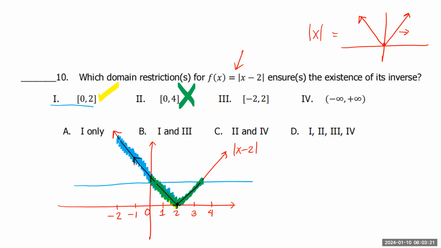Okay? And again, that satisfies the horizontal line test. So this is correct. And how about for negative infinity up to infinity? So all, then that is not true. Okay? So our answer is just 2 and 3 only. 1 and 3 only. So letter B.